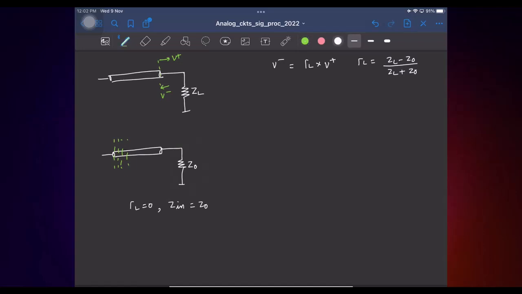So this means, let's say you have some circuit here and you have a transmission line terminated with Z0. So I know that the looking-in impedance here is Z0.